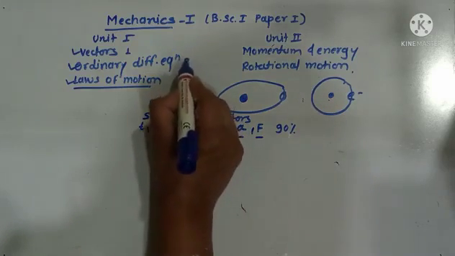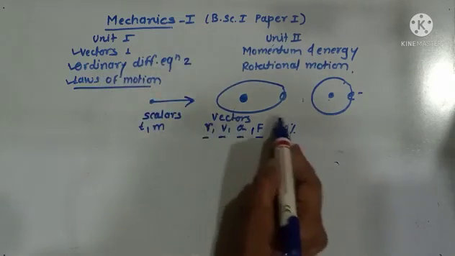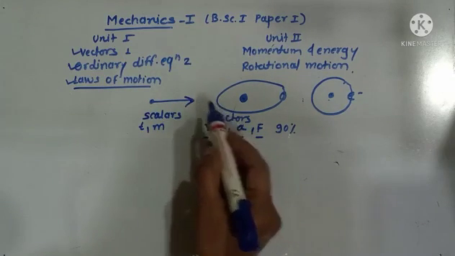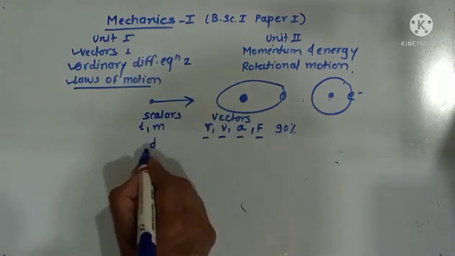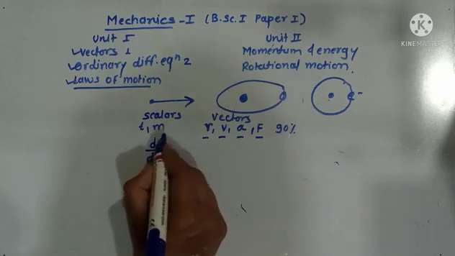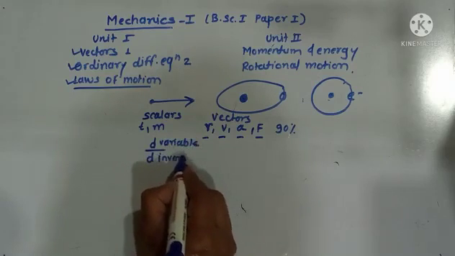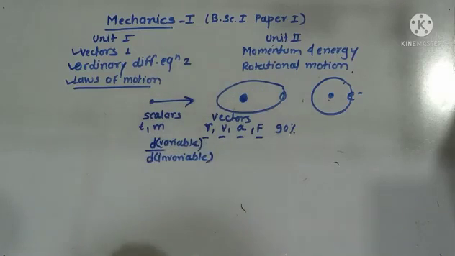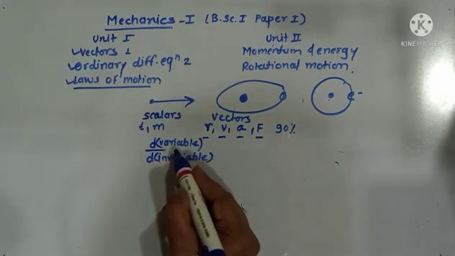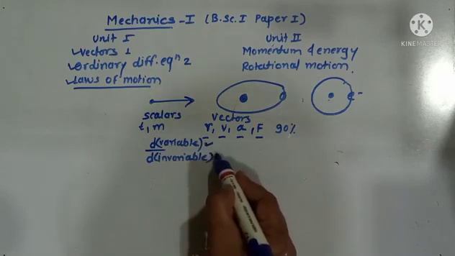Okay, the second part is the ordinary differential equation. Once we have studied the vectors, in physics or in mechanics, a derivative is nothing but the rate of change of some quantity with some other quantity.